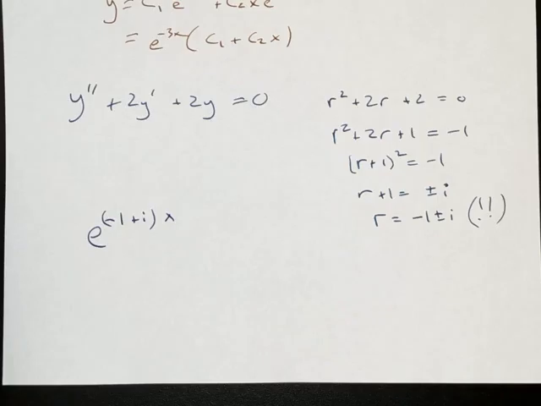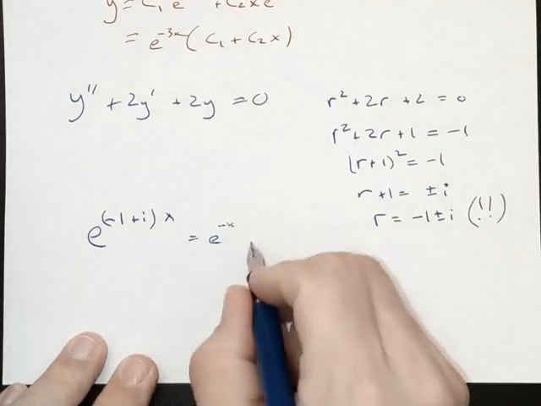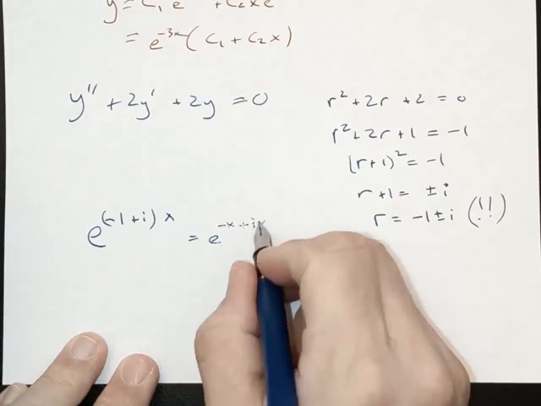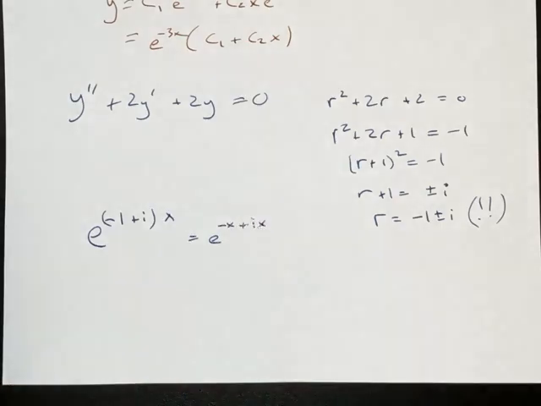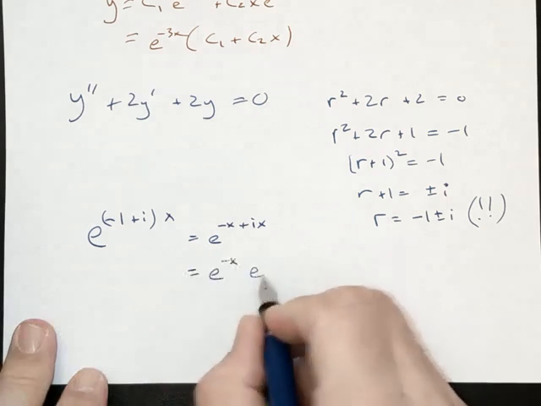Wait a minute. I know how to do e to the x. I know how to do e to the minus 1x. What do I do with an i? Rules for exponents. If I am adding in a power, I can separate that into two separate exponentials.